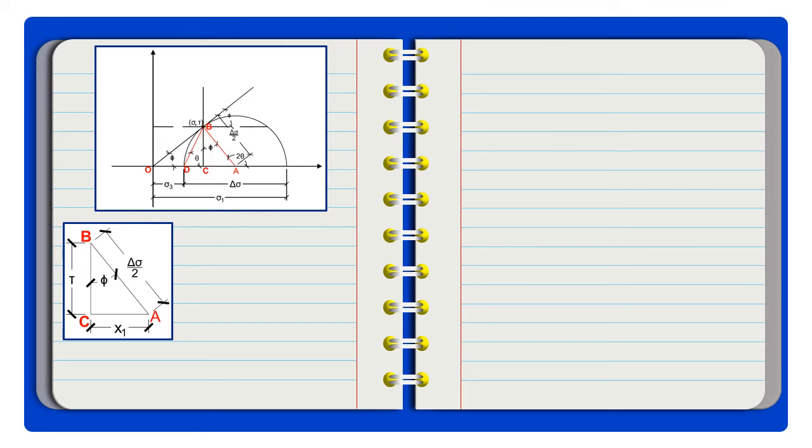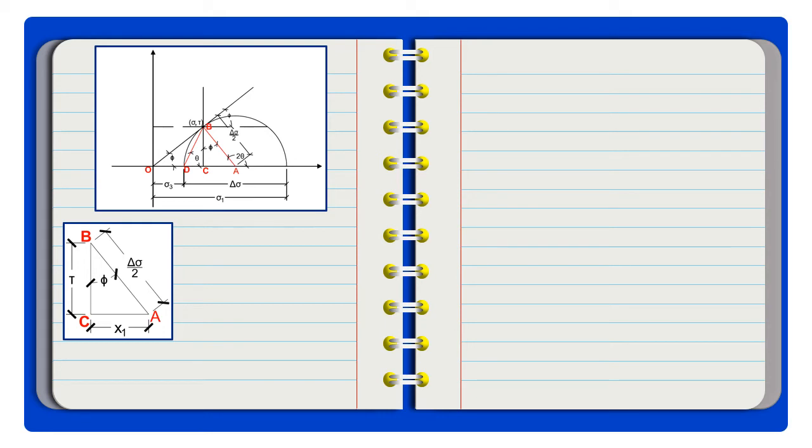Pero, yung horizontal length na CA is hindi natin siya pwedeng tawaging sigma. Bakit? Kasi sa Mohr circle, ang sigma is distance from this vertical axis or the y-axis to this point. So, ibig sabihin, hindi siya yung sigma na hinahanap natin. So, we noted it as x sub 1.